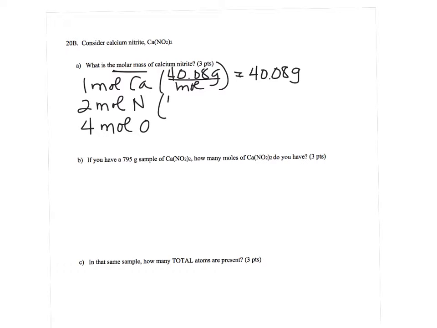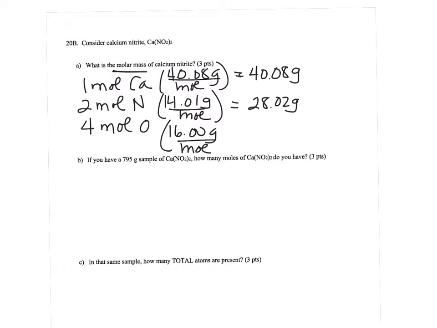We know that for each nitrogen, there's 14.01 grams per mole. So that's going to contribute a total of 28.02 grams for the nitrogen. And we know that the oxygen is 16 grams per mole. So each of these numbers we're getting from the periodic table. And that's a total contribution of 64.00 grams from the oxygen.